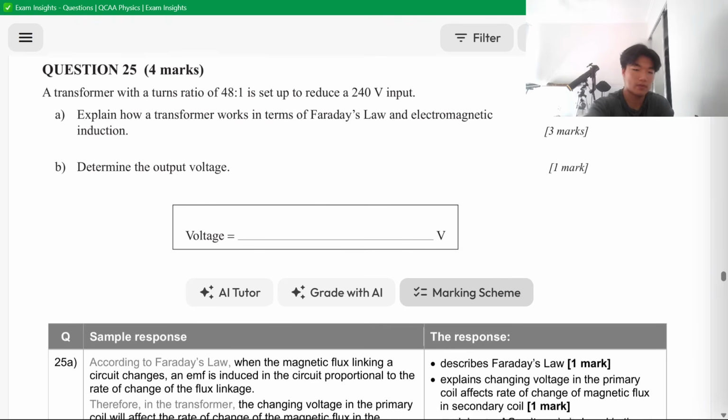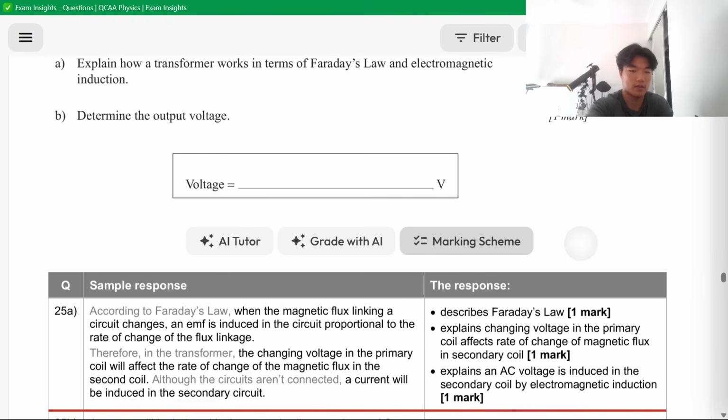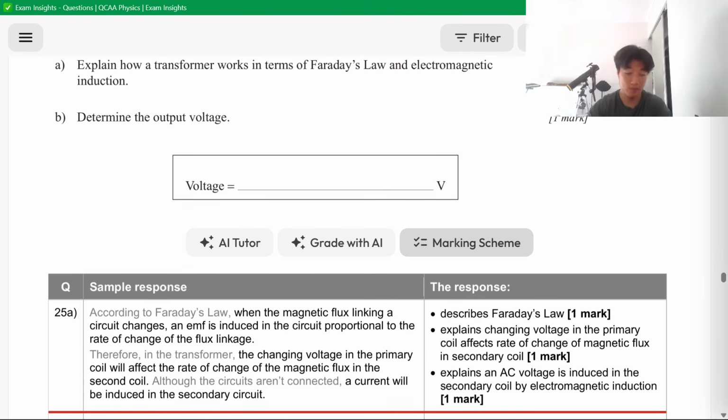When the magnetic flux linking a circuit changes, an EMF is induced in the circuit proportional to the rate of change of magnetic flux linkage. So I did describe that. Therefore, in a transformer, the changing voltage in the primary coil will affect the rate of change of magnetic flux in the secondary coil.